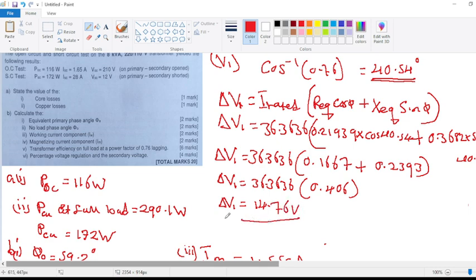So this is going to be the voltage drop on the primary side.